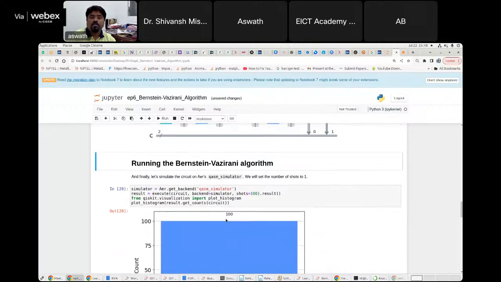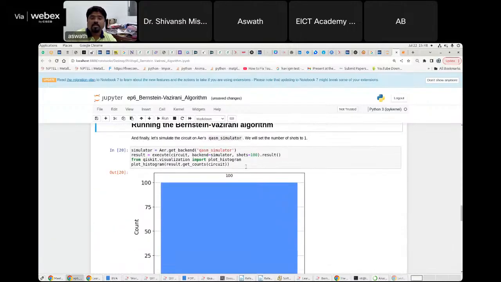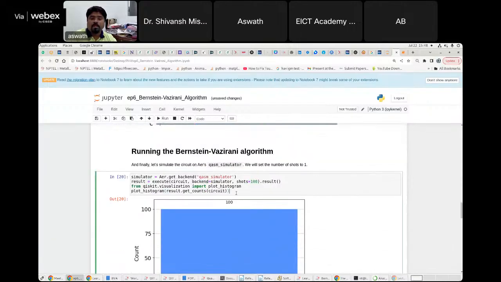Now you see, interestingly, whenever S is 0, I will not have a C naught running from that bit to the ancilla bit. So S I have taken 0 1, so only for 1 it is running. Now I enclose everything with Hadamards, then run it.